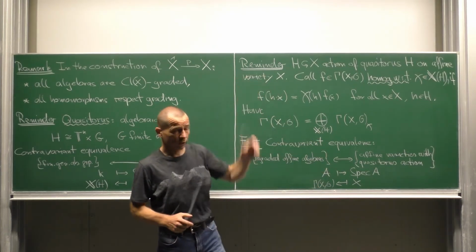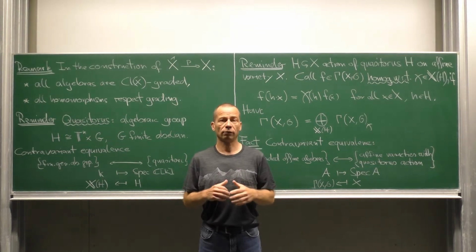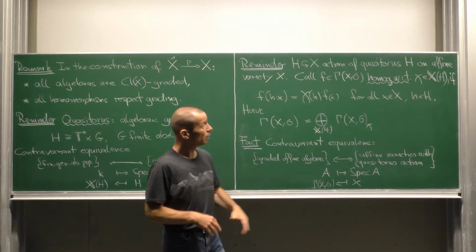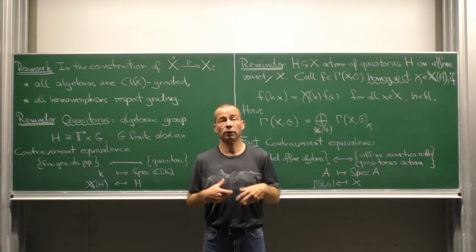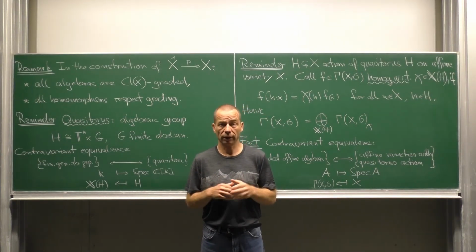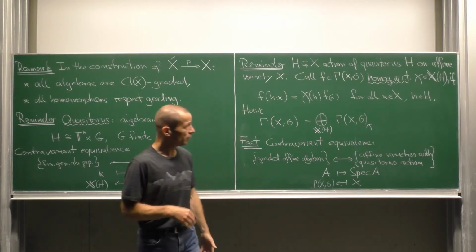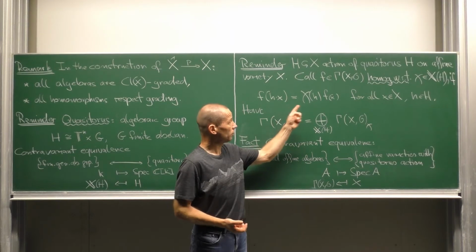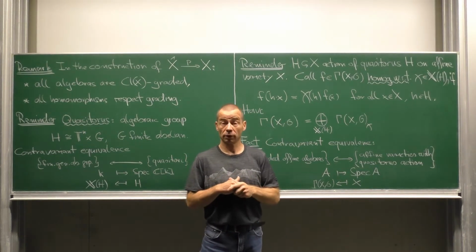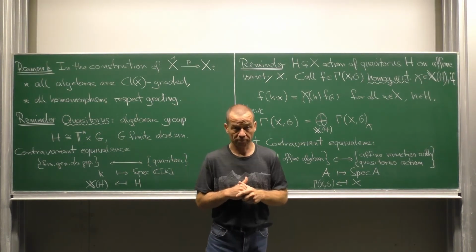Now look at the action of a quasi-torus on an affine variety X. We say that a function f on X is homogeneous with respect to a character chi of the quasi-torus if you always have f(h·x) = chi(h) f(x).